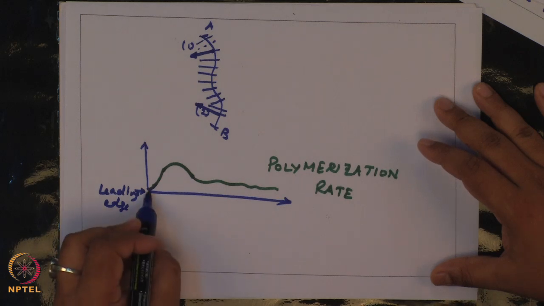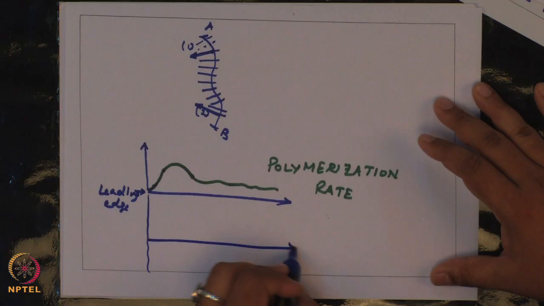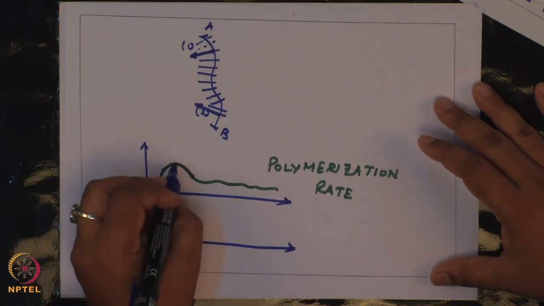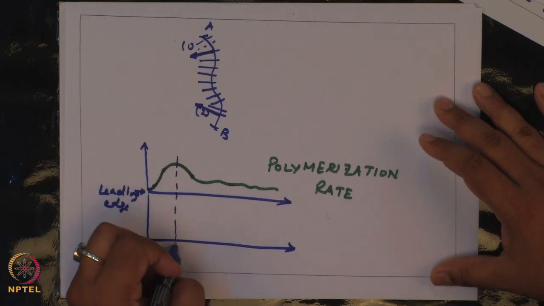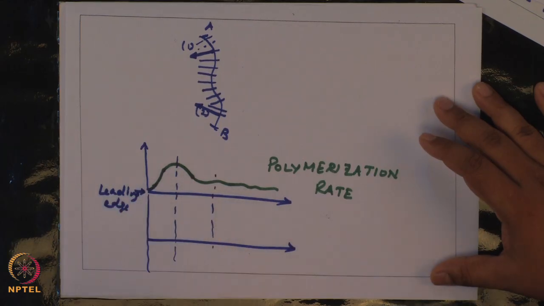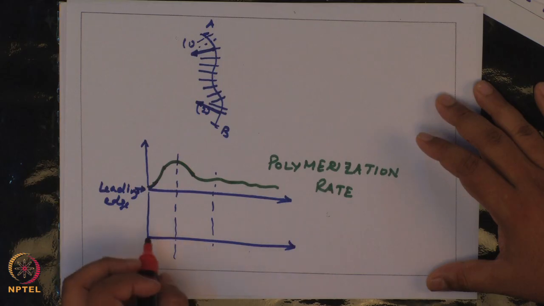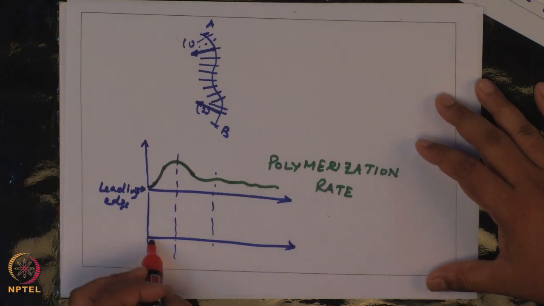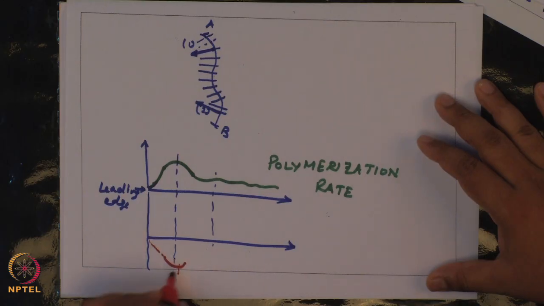Similarly, let me just point out this position of the peak, and this position, the depolymerization rate. Because I am plotting the depolymerization rate in the negative direction, it exhibits a peak which is slightly off this peak, then it drops and you have this line.